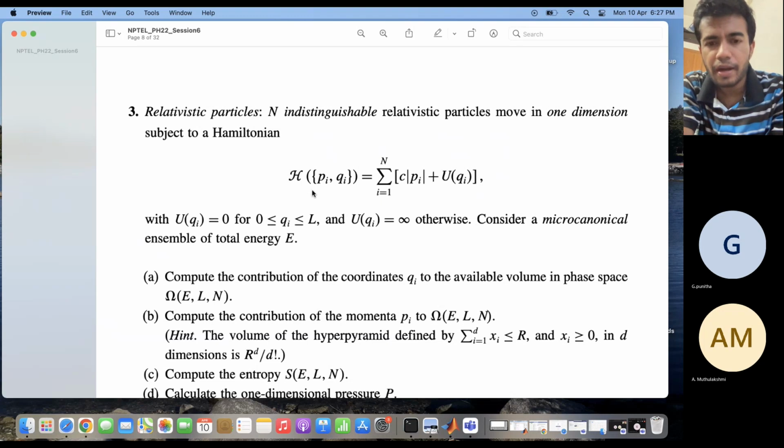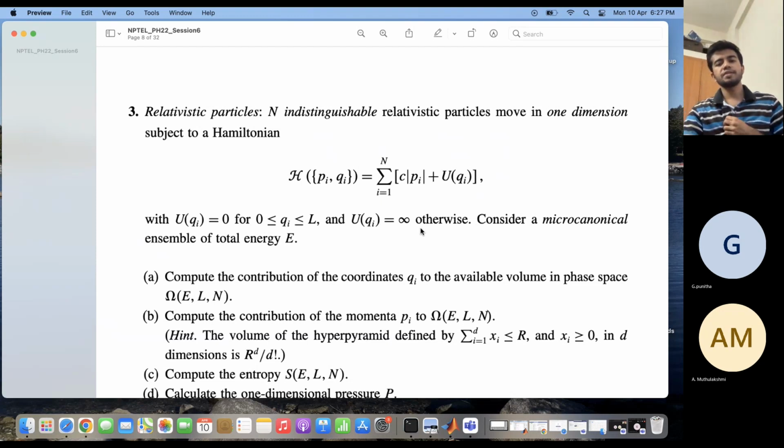So I have my particles moving in one dimension, and the potential energy is equal to 0 for 0 less than qi less than L, and it is equal to infinity otherwise. What this means is that the relativistic particles are moving along a one-dimensional space, and the one-dimensional space is bounded at its two ends, one at 0 and one at capital L. So my particle will always be contained within the limit 0 to L.